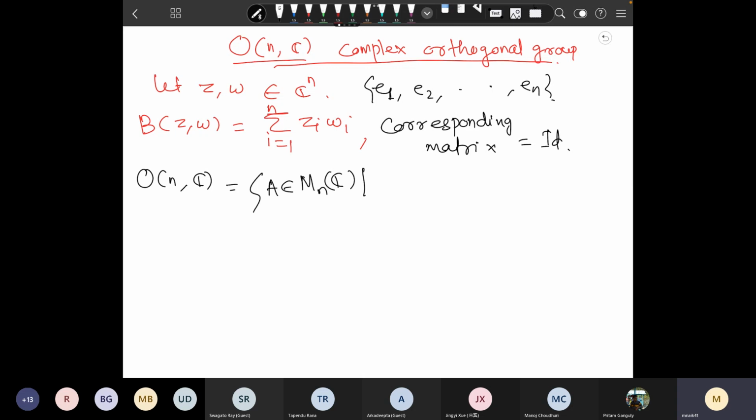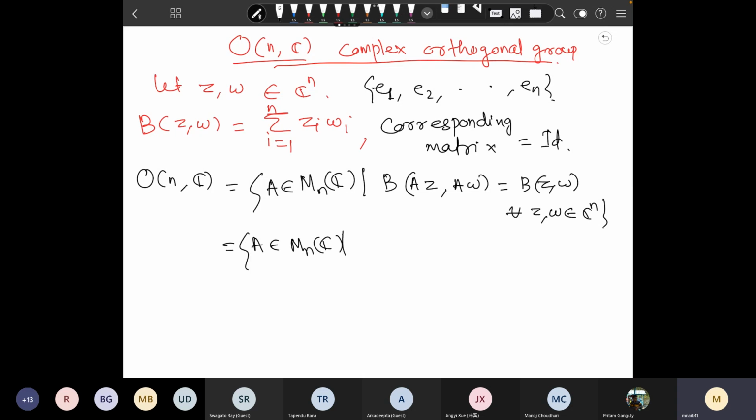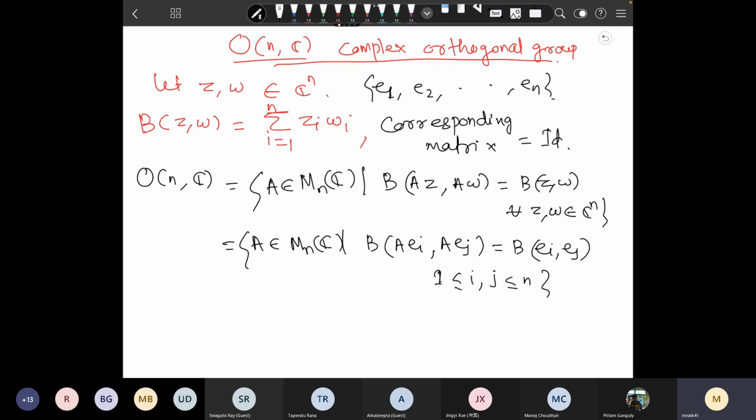so that B(Az, Aw) is equal to B(z, w) for z, w in C^n, or B(Ae_i, Ae_j) for 1 less than or equal to i less than or equal to j less than or equal to n.